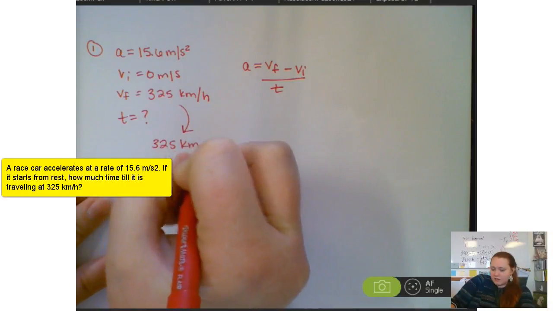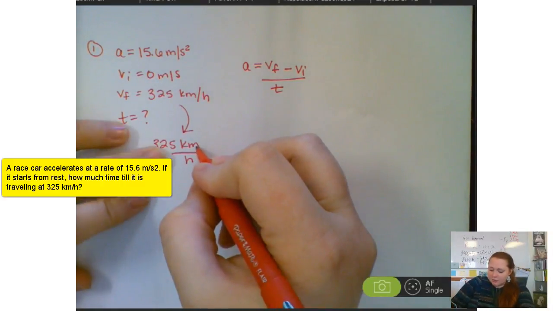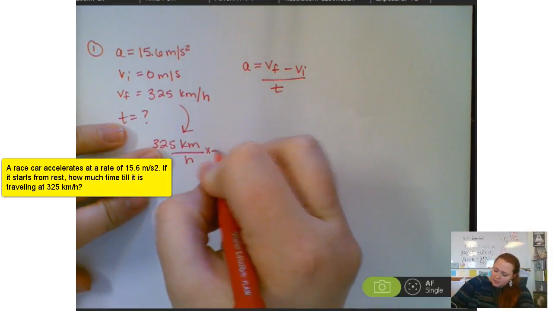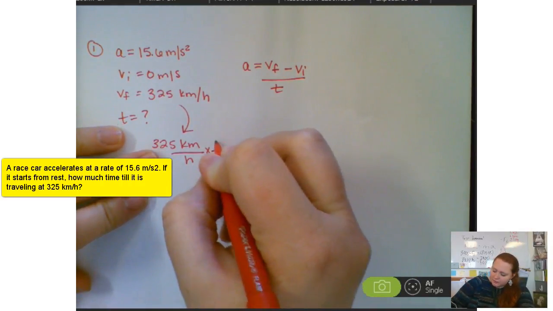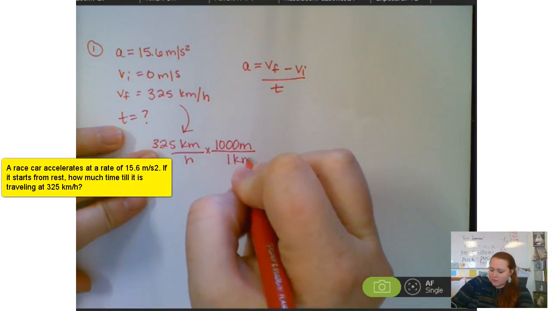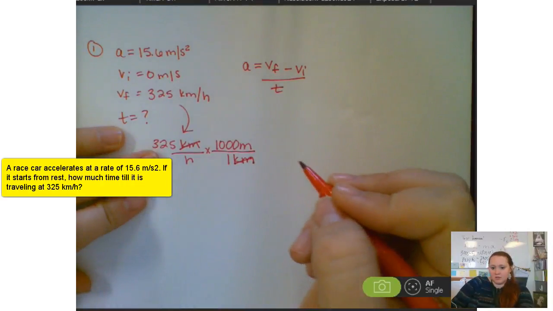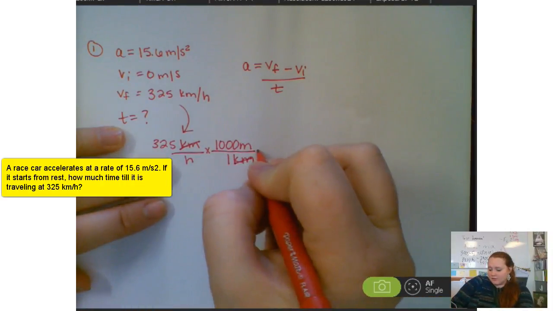325 kilometers per hour. First thing, I have to get the kilometers to meters. So kilo means 1,000. So there are 1,000 meters in 1 kilometer. This is going to allow me to eliminate kilometers. Now I need to get rid of the hours.